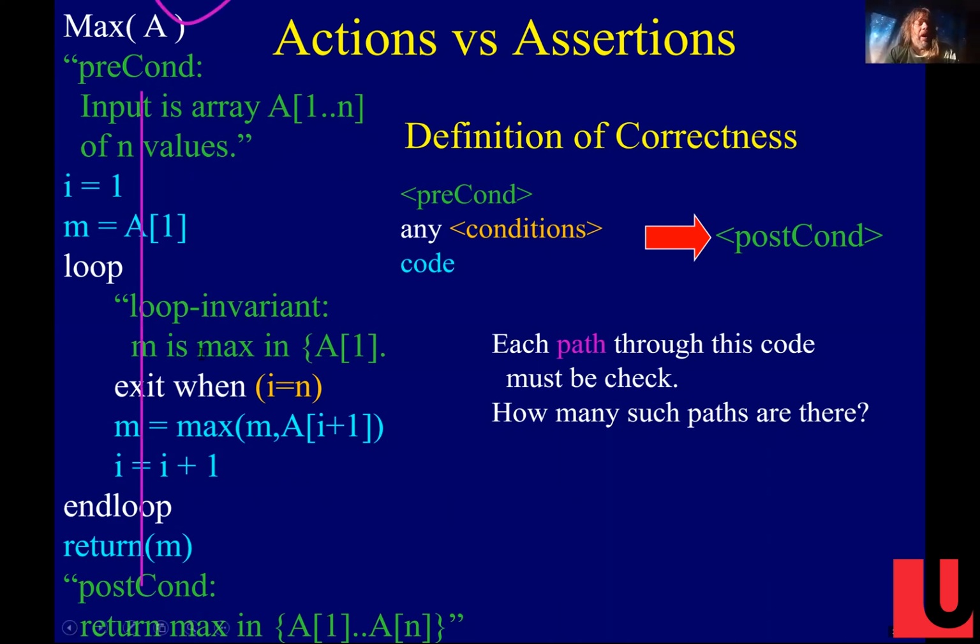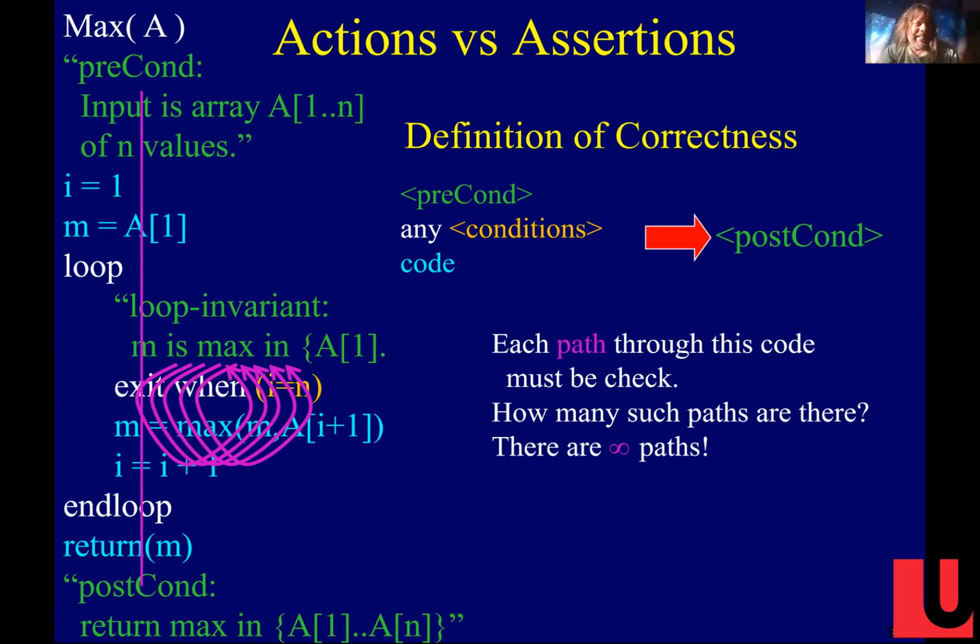We could loop once, twice, 3 times, 4 times, 5 times. There are an infinite number of paths, because even conditioned on the fact that we exit, we could loop 5 billion trillion times. So there are a lot of paths.